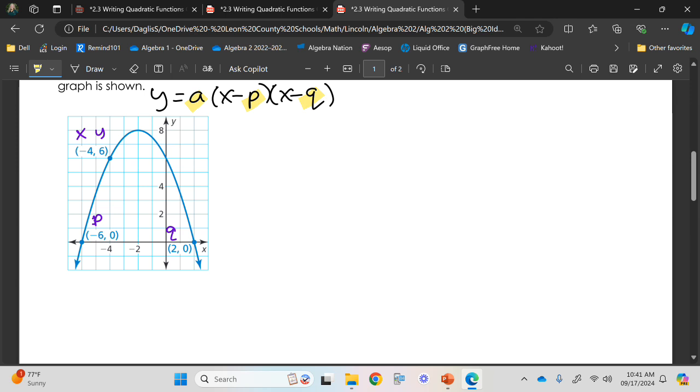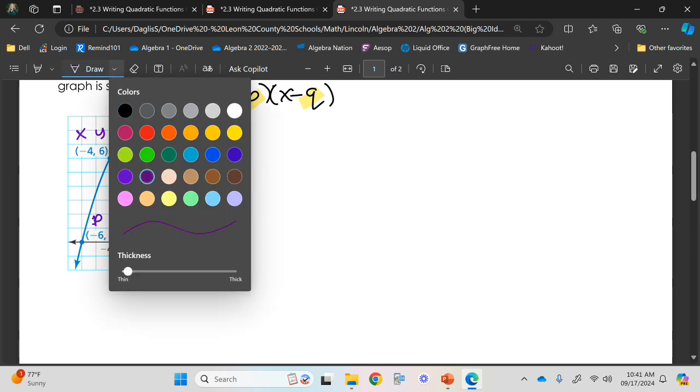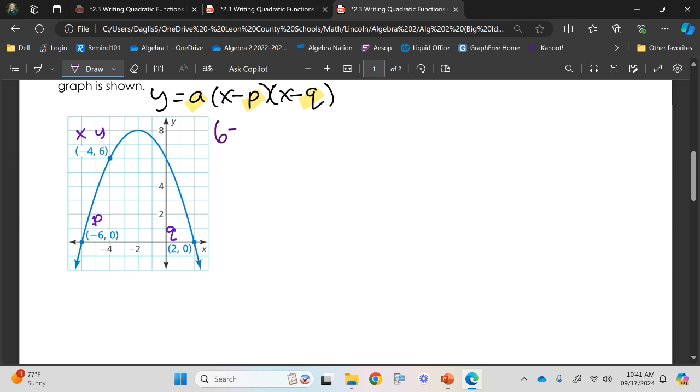What are we going to plug in for y? 6. Good. So 6 equals, I don't know, times, what's my x value? Negative 4. Good. What's opposite p? Positive 6. Nice. We have x again. And then what's opposite q? Negative 2.